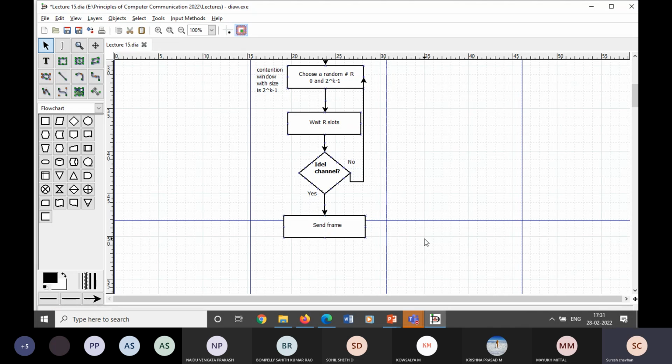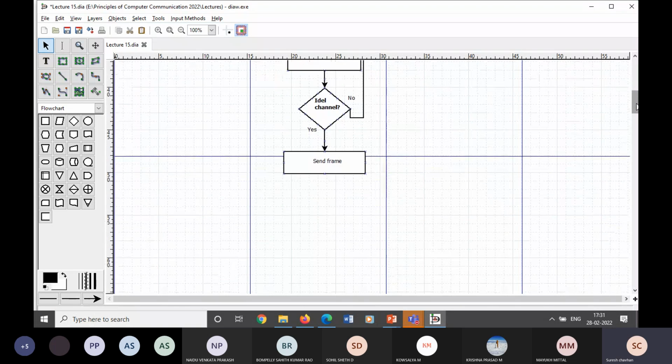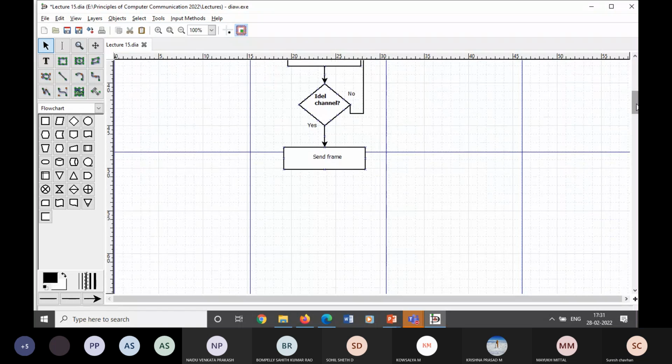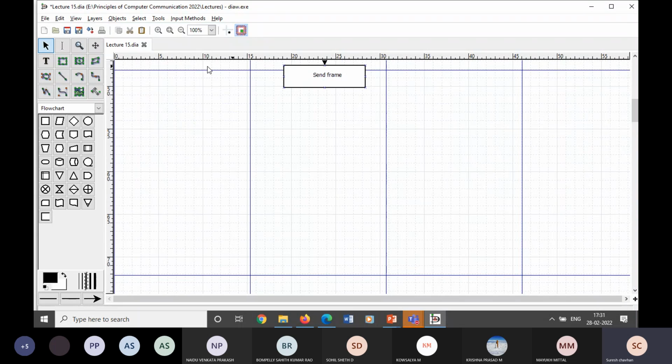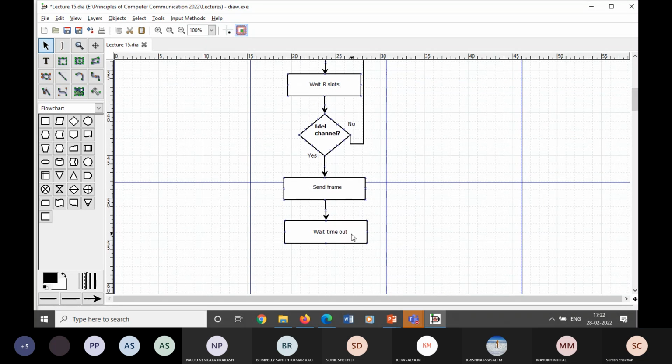It will send a frame. From now onwards it's as usual, like the earlier timing diagram we have done. After sending a frame, we wait for the timeout period.